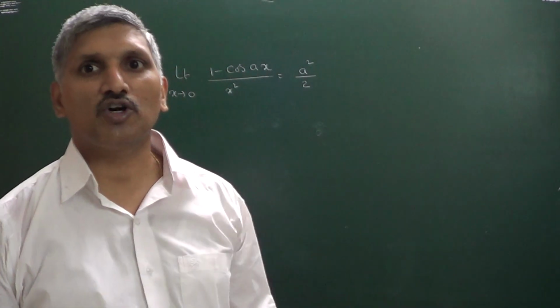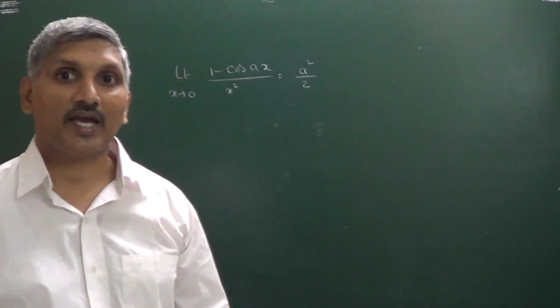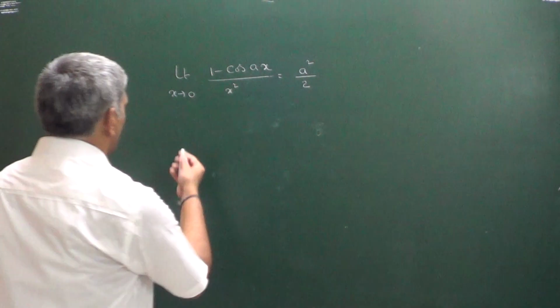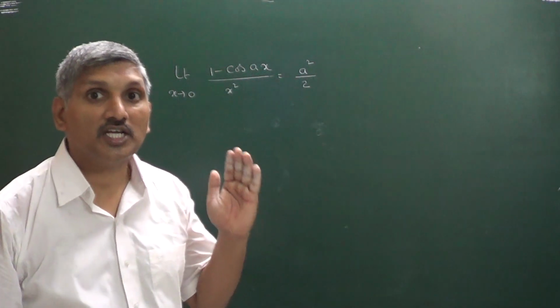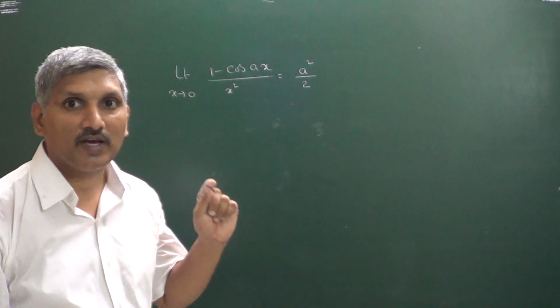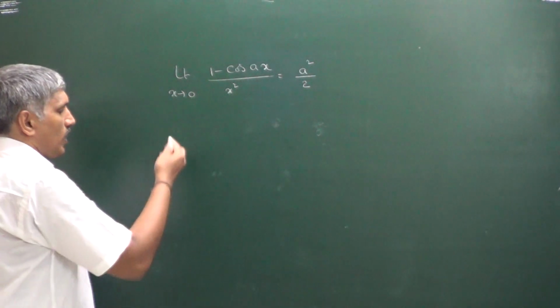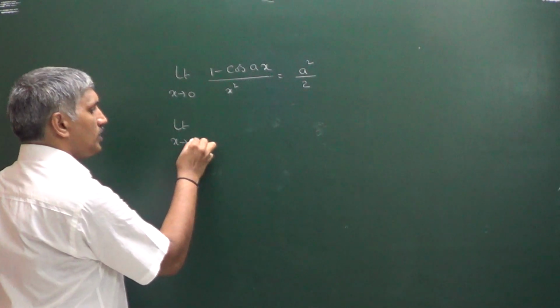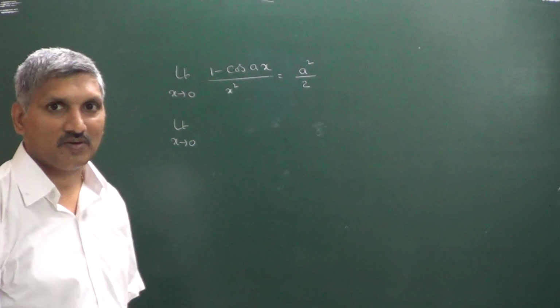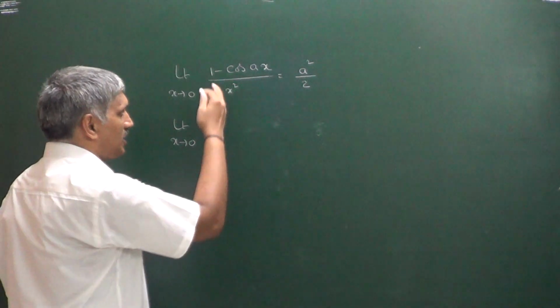Whenever we are getting a 0 by 0 form, we can apply L'Hospital rule. So what is L'Hospital rule? Whenever we are getting a 0 by 0 form, we can apply L'Hospital rule. So what to do in L'Hospital rule? Limit x tends to 0, differentiate the numerator. What is the differentiation of the numerator?